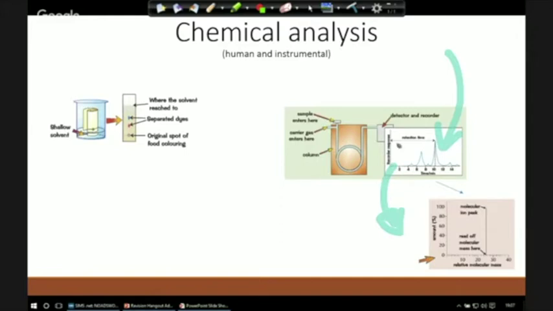Because what we can do is, based upon the specific positions of these peaks, we can work out the molecular mass. In other words, a very small compound or a very small particle will tend to have a smaller retention time.